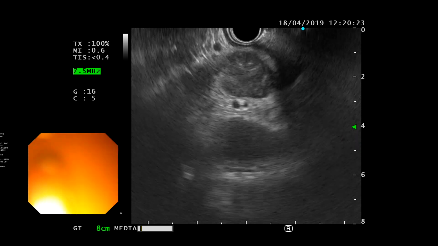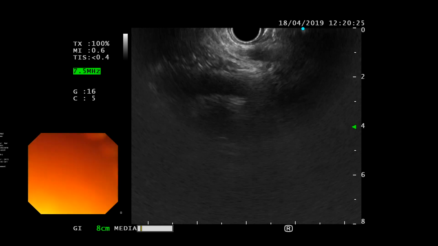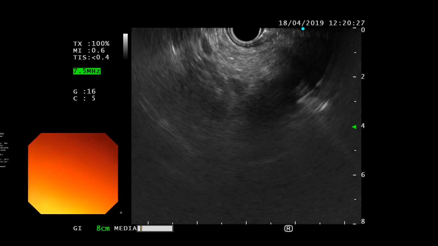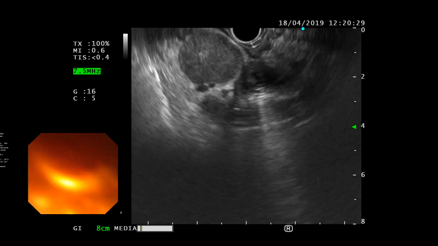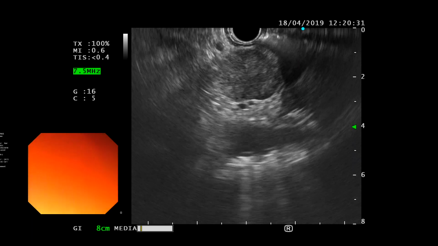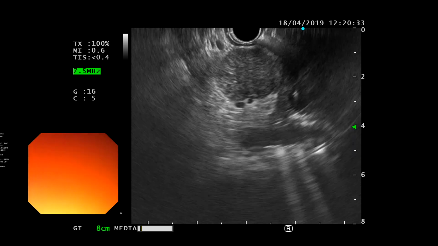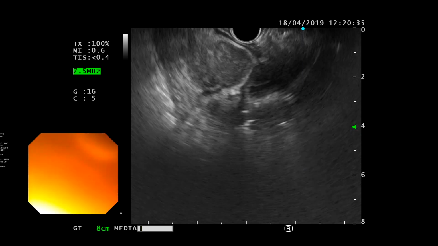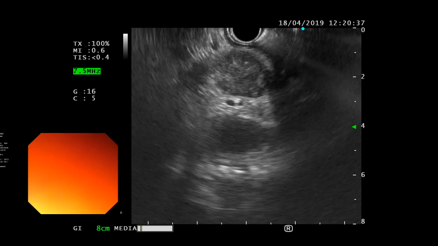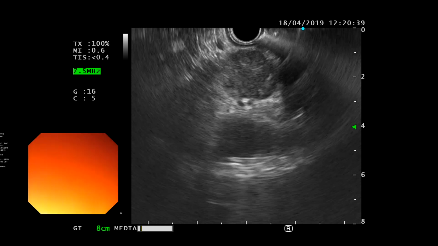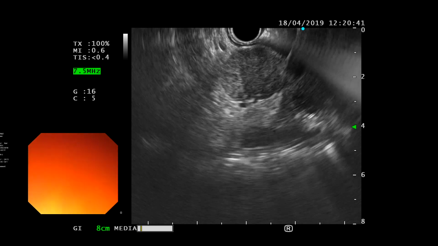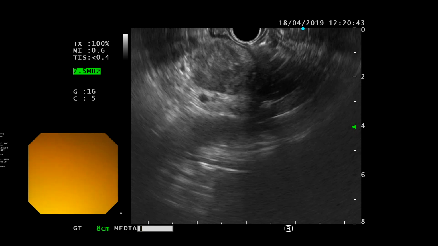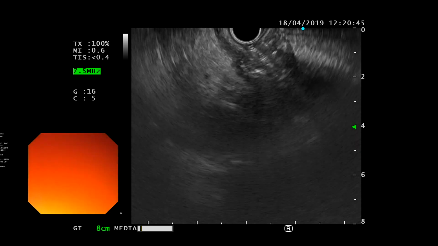I wasn't going to sample it. It's a mesenteric node. I think it has all the characteristics of malignancy: it's large, it's round, and it's hypoechoic. Even though it may have some echogenic foci inside, overall this is a very malignant appearing node. So we don't need to sample that.